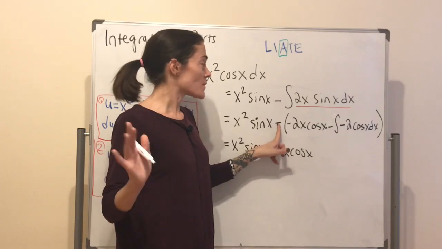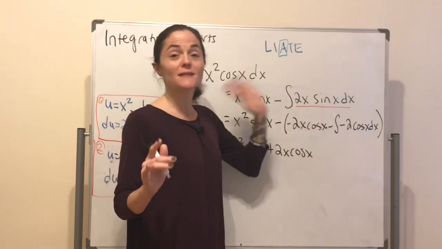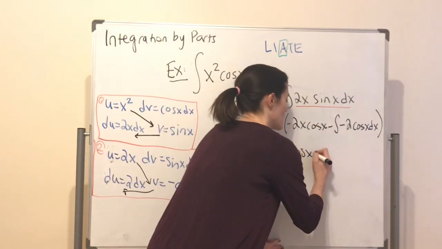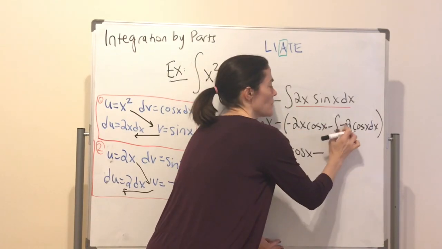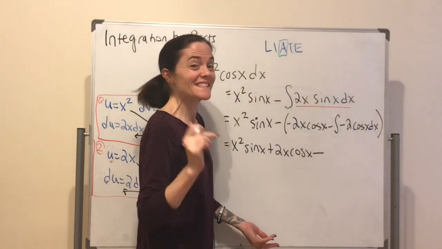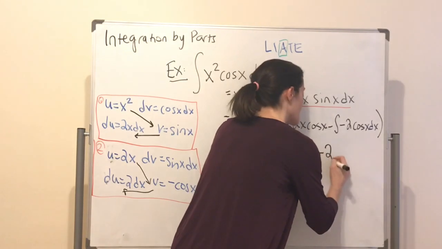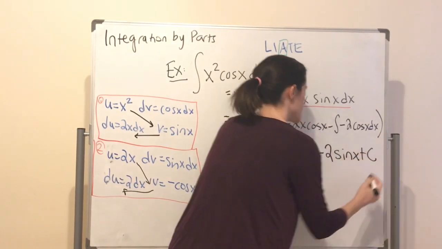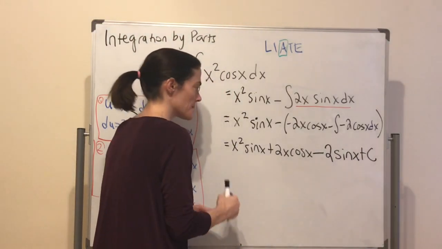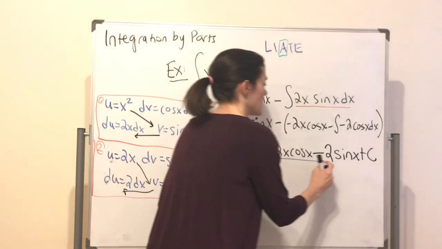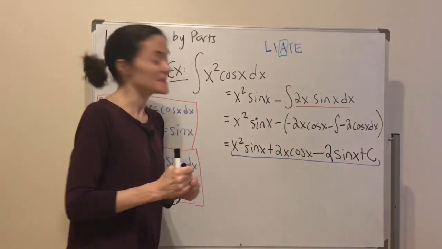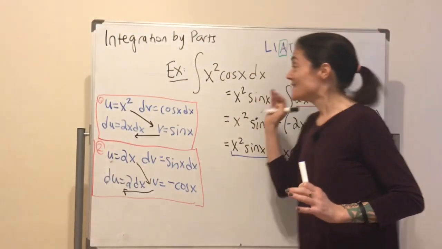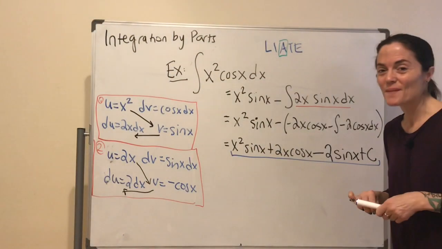But anytime, of course, you have a minus and there's a sum, distribute. So don't forget it. So it's 1, 2, 3 negatives, makes negative. We integrate cosine. Well, we get 2 sine and then plus c. So this here is our final answer, where we use integration by parts 2 times in this problem.